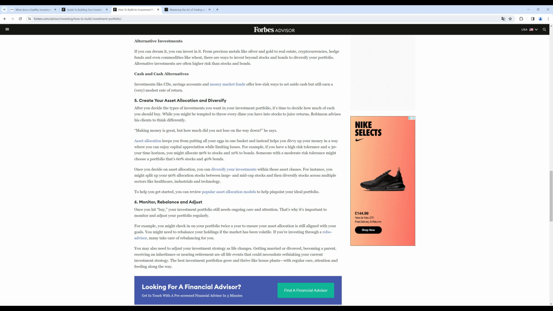The ongoing management of an investment portfolio involves a dynamic process of learning, adaptation, and informed decision making. By staying proactive, continuously reassessing strategies, and embracing new opportunities, you can optimize your portfolio to better suit your evolving needs and market conditions. So that's very, very important to consider.